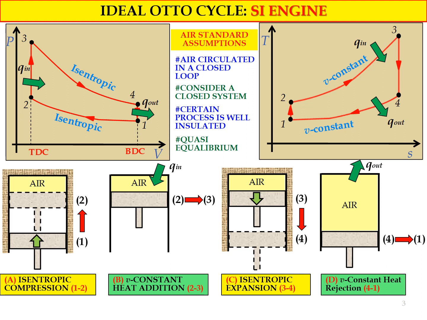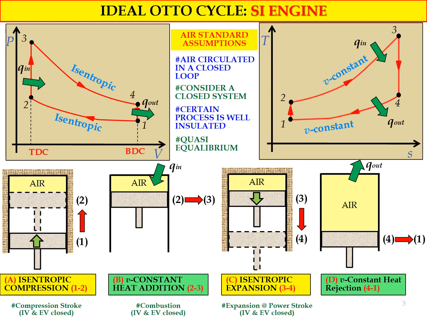Okay, so if we relate the ideal process for the Otto cycle with the actual process in the engine, process A actually represents the compression stroke, where during the process the intake valve IV and also the exhaust valve EV are closed. And process B, V constant heat addition, actually represents the combustion process.